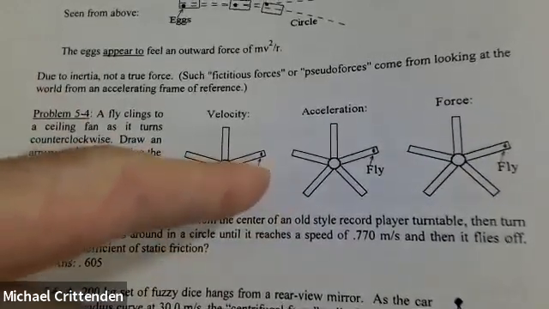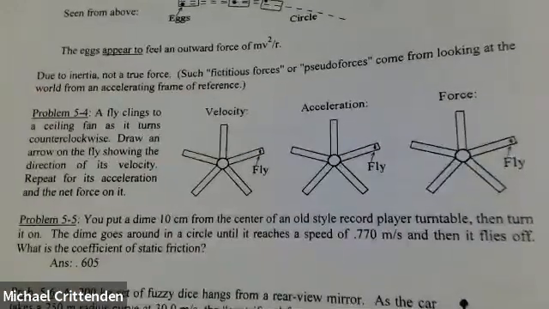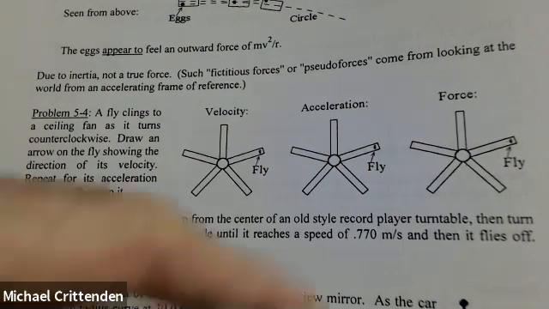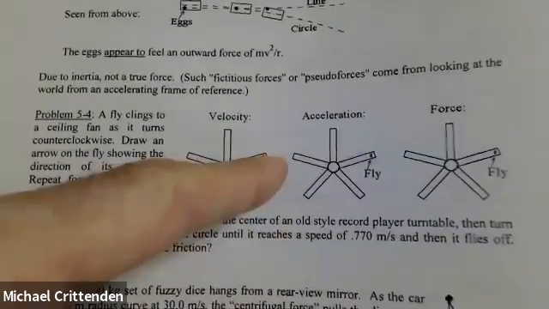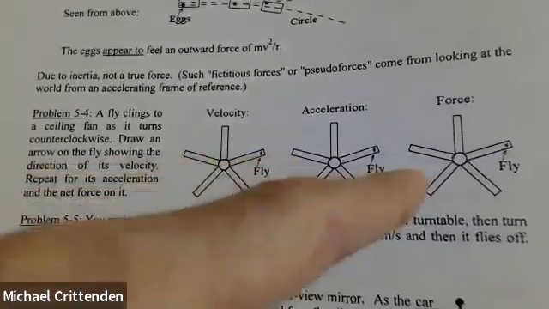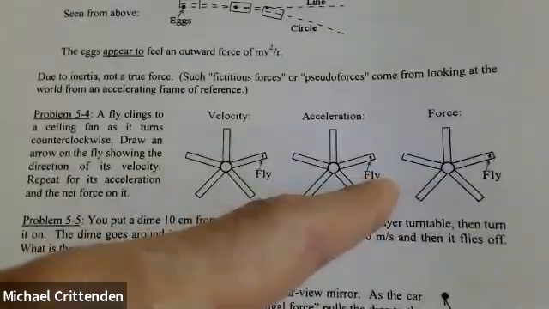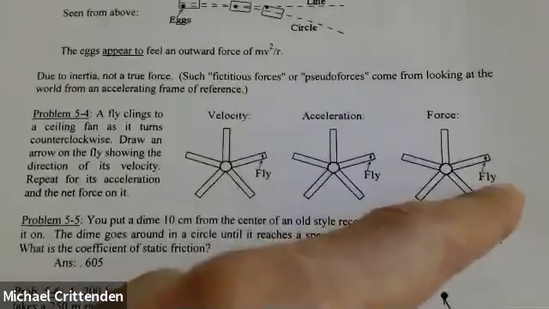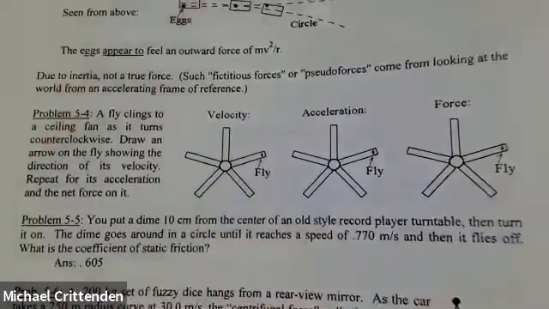So we have a fly riding around on somebody's ceiling fan, and it asks you for 3 things. Just draw arrows. What is the direction of the fly's velocity vector? What is the direction of the fly's acceleration vector? And what is the direction of the net force on the fly?